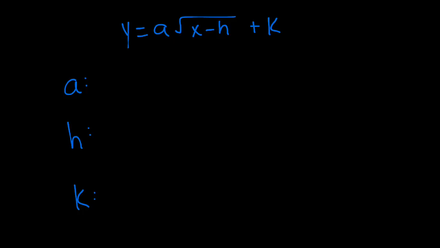Hopefully you could probably fill this out on your own, but recall that a does whether it's positive or negative. So this could either give us the top half of that parabola if it's positive. If it's negative, then it would give us the bottom half. But then a also, if it's a large number, will stretch it up faster.